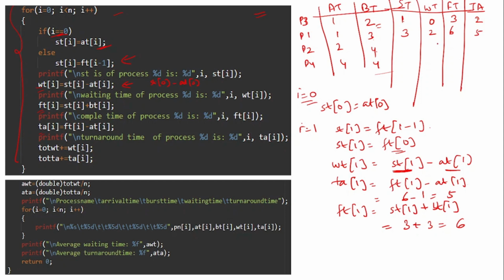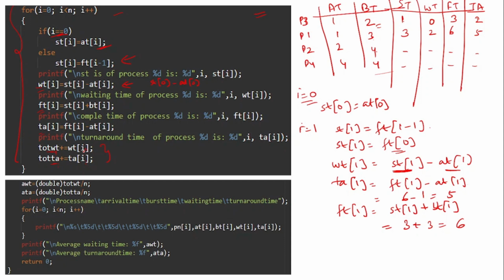Similarly, you can compute all these values and get the start time, waiting time, finish time and turnaround time of all the processes, and then we'll calculate the total waiting time and the total turnaround time. For this we have already initialized these two integers as 0, and these are the two arrays. The technique we used to calculate the total waiting time in first come first serve, we'll use the same technique here.